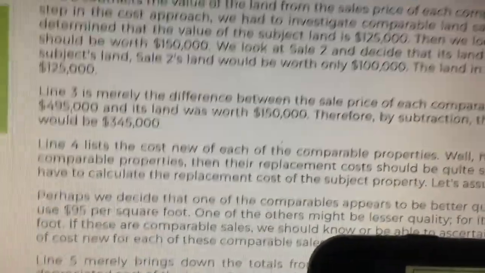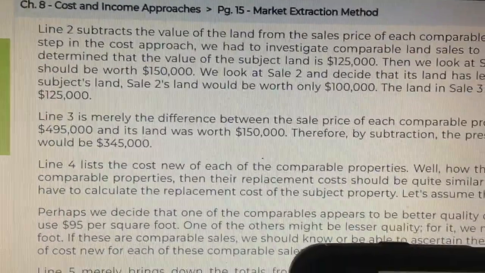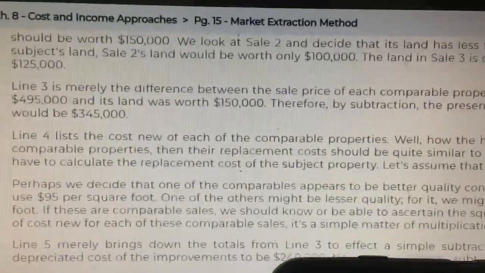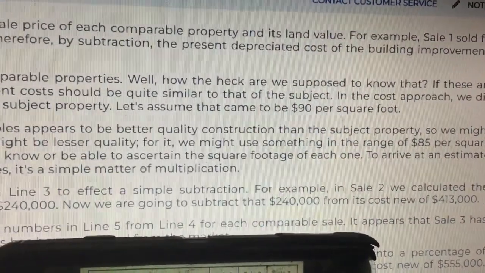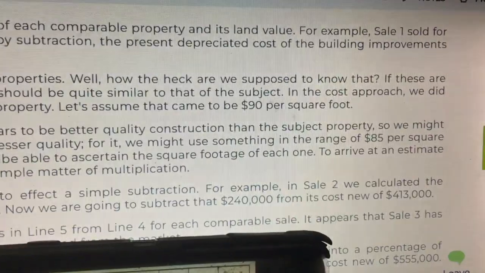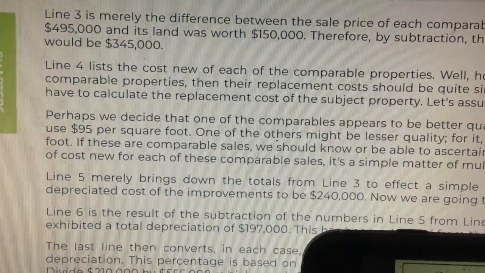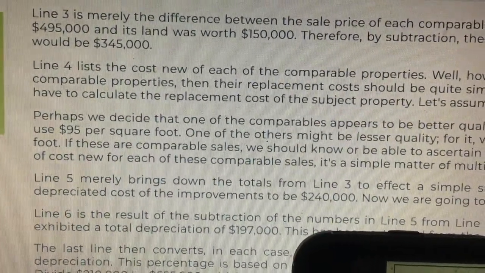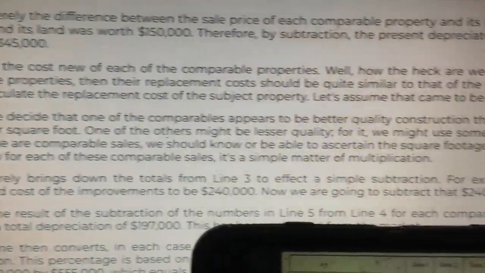Line 3 is merely the difference between the sale price of each comparable property and its land value. For example, sale 1 sold for $495,000 and its land was worth $150,000.